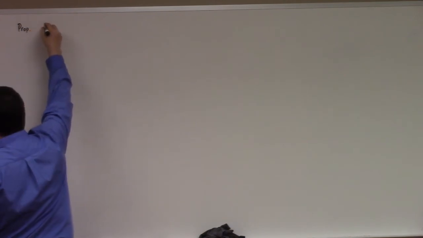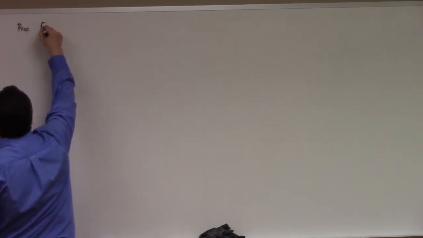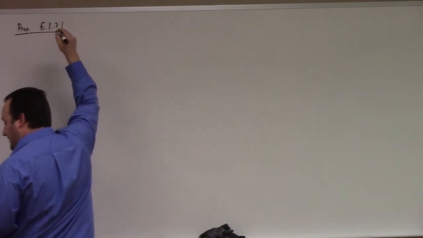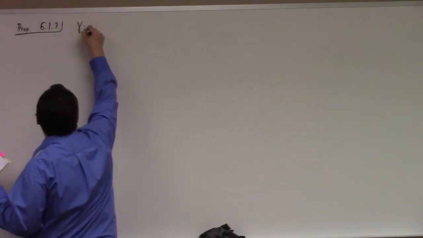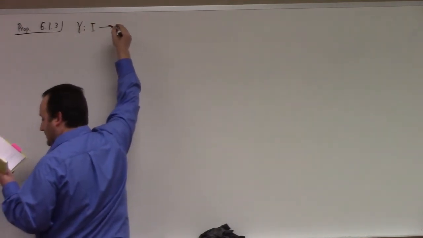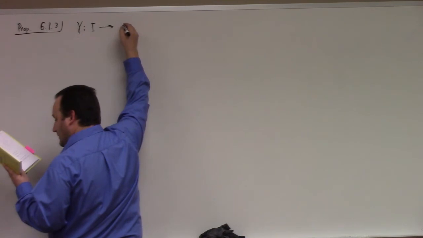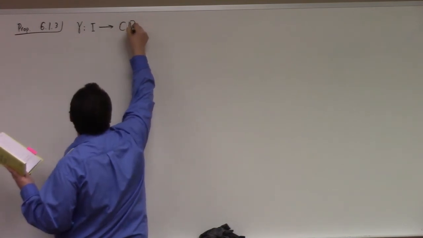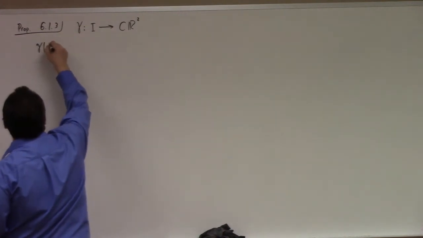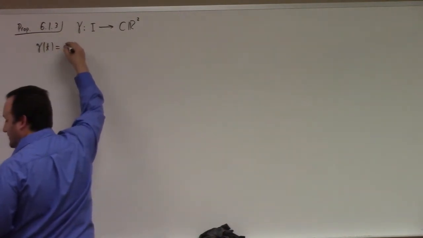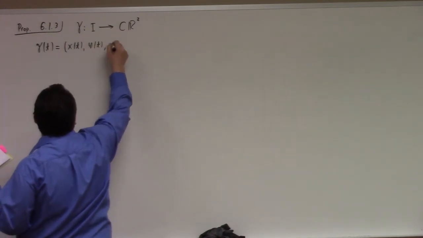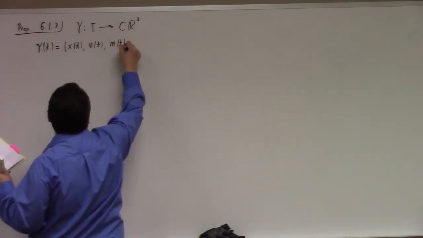Proposition 6.1.3. So here's something from section 6.1. It states the following: if we have gamma, a curve from I into CR2 with gamma of t equal to x of t, y of t, m of t, all right?